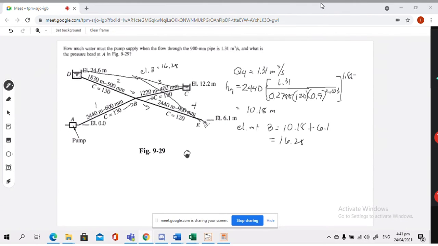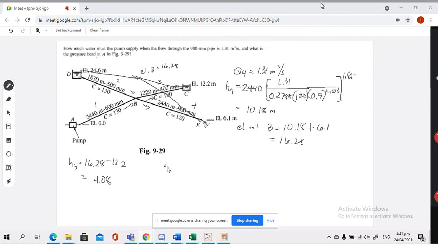Q3 makuha na to pinagi sa head loss 3. So head loss 3 is equal to 16.28 minus 12.2. 16.28 minus 12.2 is 4.08. So gamit na nga head loss 3.